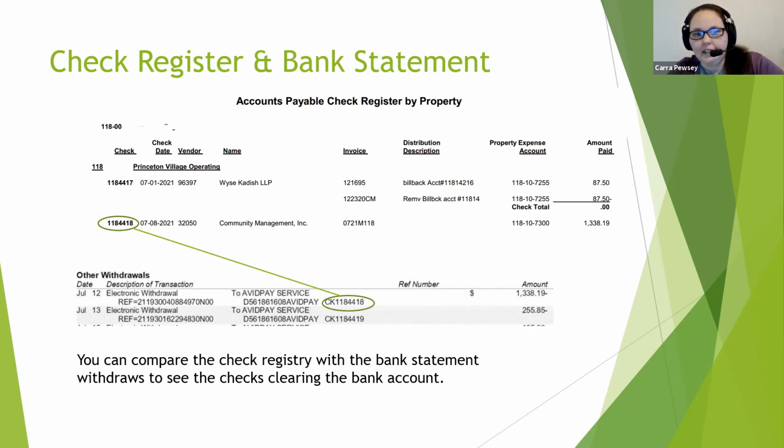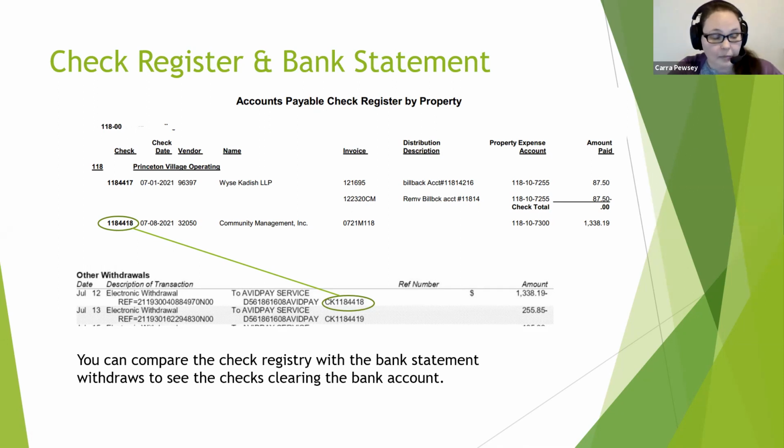So I can see that this check cleared the account on this date, and they match. If you have time and you really want to, you can go through your check register and your bank statement and match up all of the checks to all the withdrawals within your bank statement.